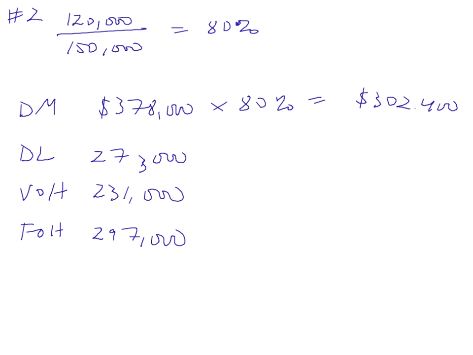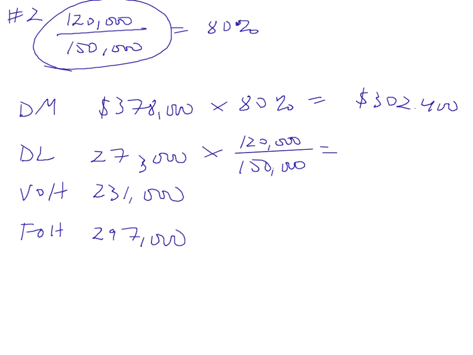We can do 80% for each one, or we can multiply by 120,000 units over 150,000 units, and that's going to give us the same amount. Remember, 120 over 150 is the same thing mathematically as 80%. So however you want to write it, it's going to be the same thing.